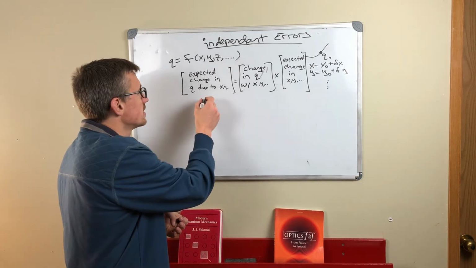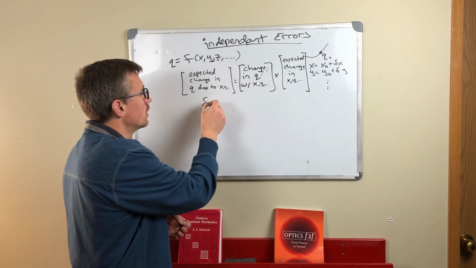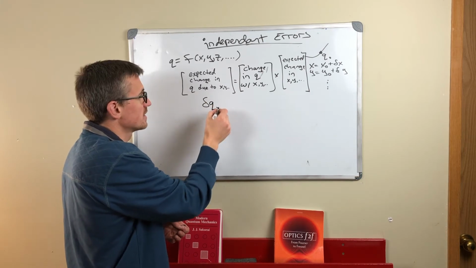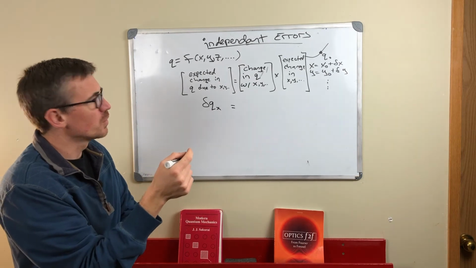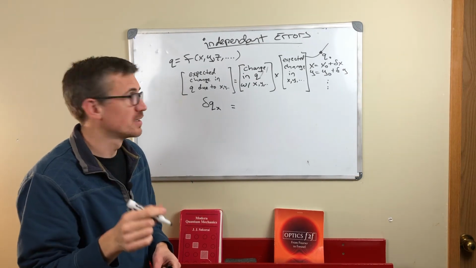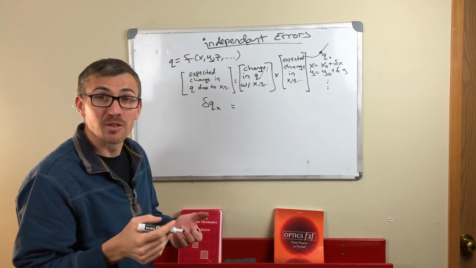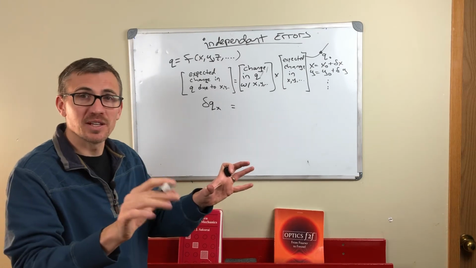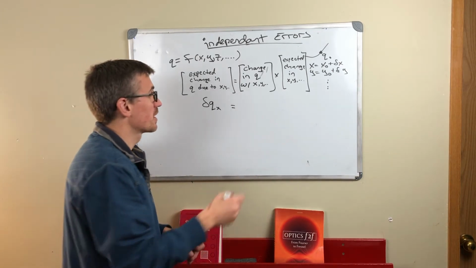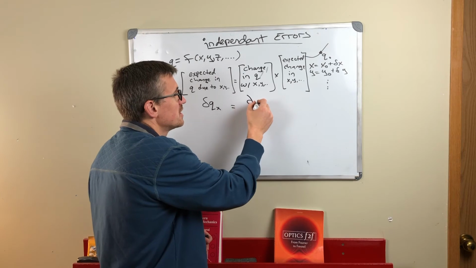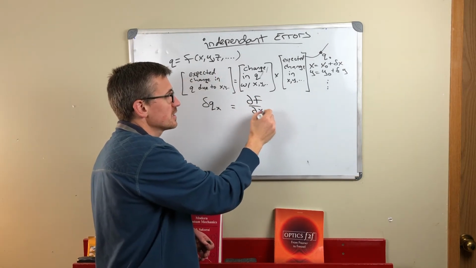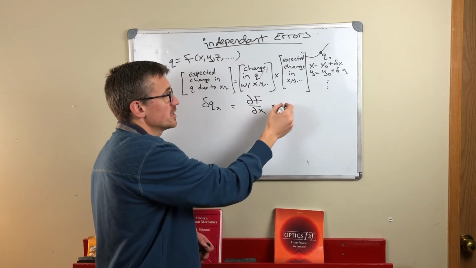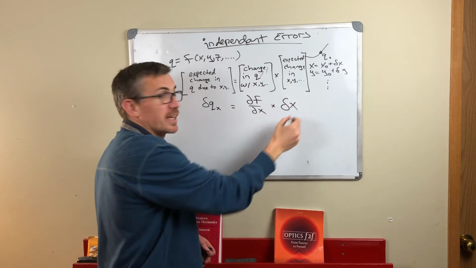We'll write this as delta q due to a variable, x, say, is equal to, well, what is the change in q with respect to just one of these parameters? This is the definition of the partial derivative. We hold everything else fixed and we just take the derivative with respect to that one variable. So this is df, q is equal to f of these parameters, by dx times my expected change in x.